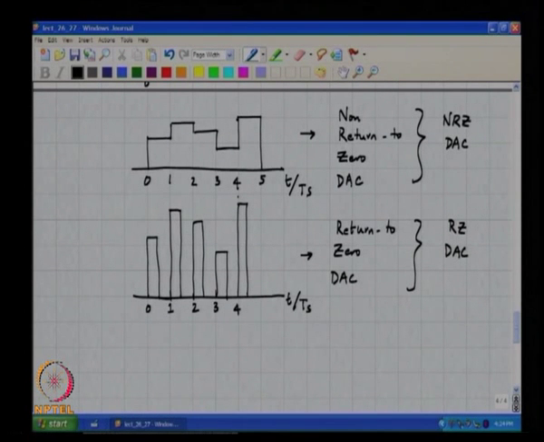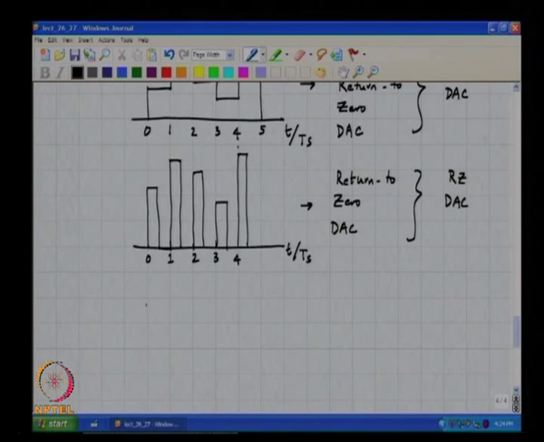And as I said, you can choose your favorite pulse shape. NRZ and RZ DACs are commonly used pulse shapes, presumably because they are easy to generate. Now, another pulse shape that one can think of is the so called exponentially decaying pulse shape. So, you have something like this.